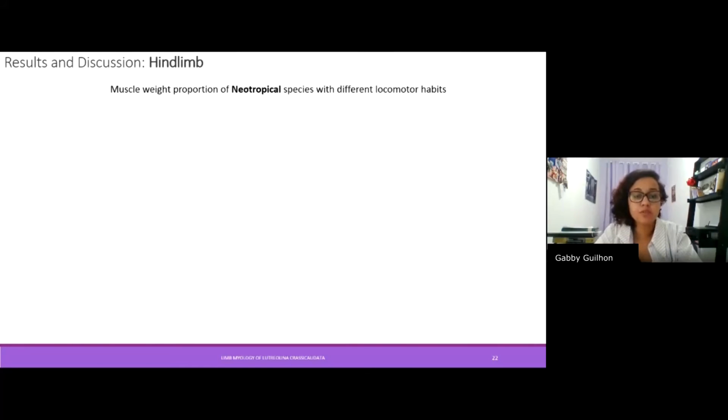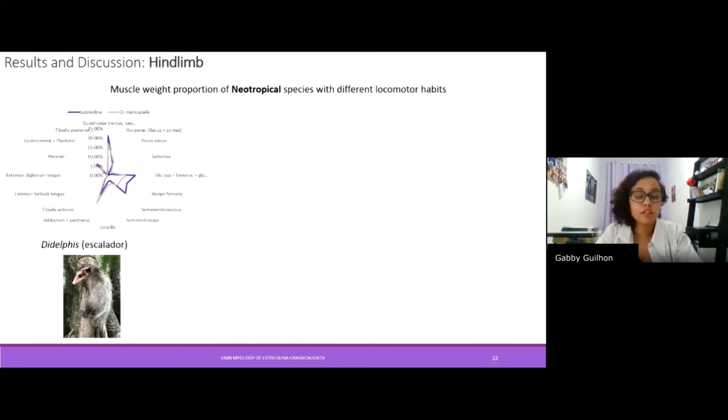And here we have the results of the hind limb, and we did the muscle weight proportions of neotropical species with different locomotion habits. So the chart here shows the hind limb muscle weight proportion. In purple is always Lutreolina, and overlapped in gray and other colors are other species. And here in gray is the Didelphis muscle weight proportion.